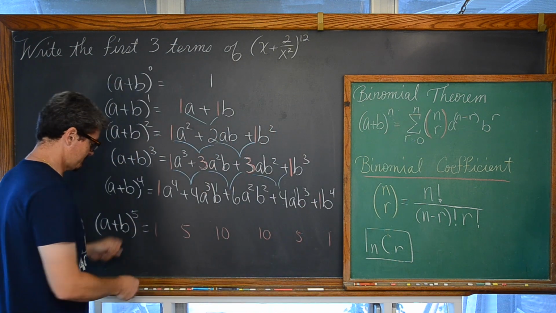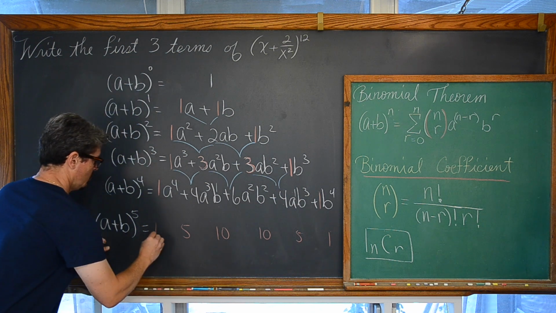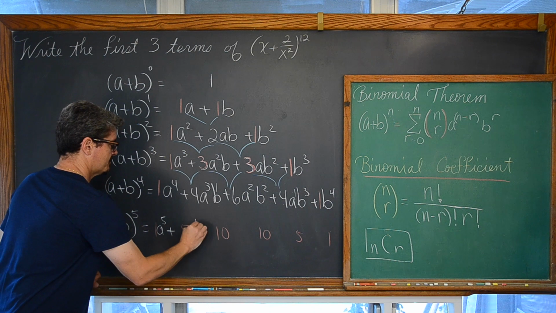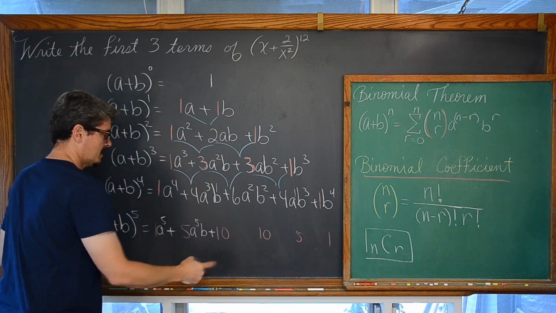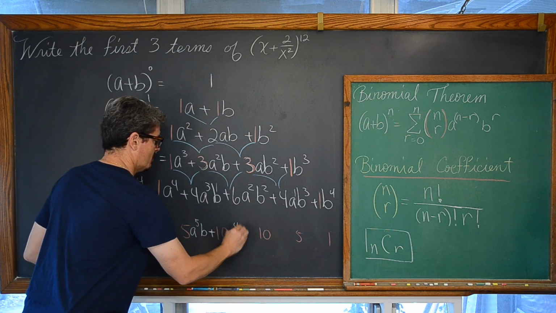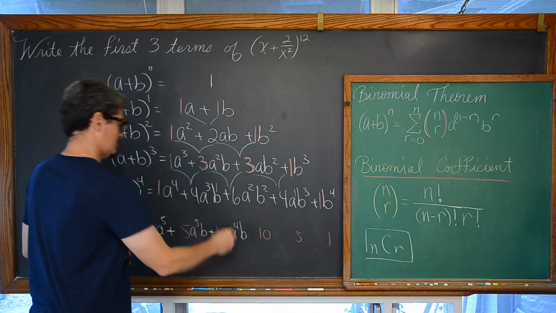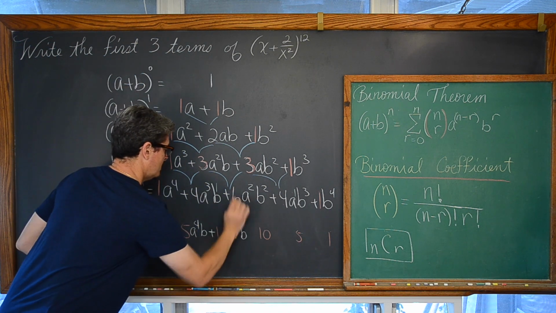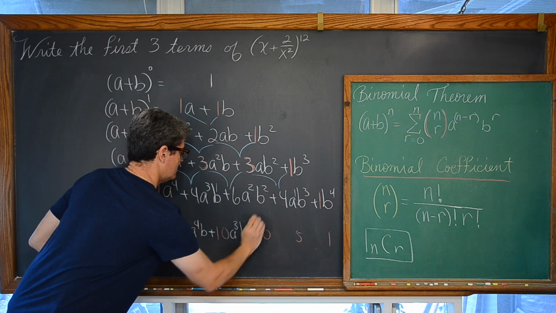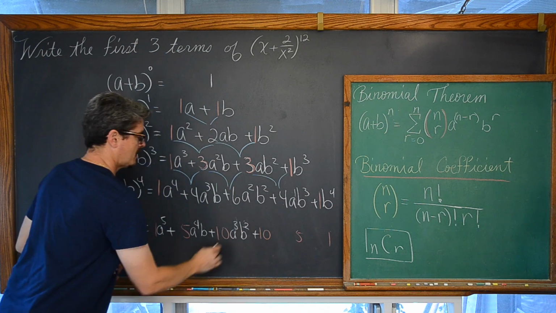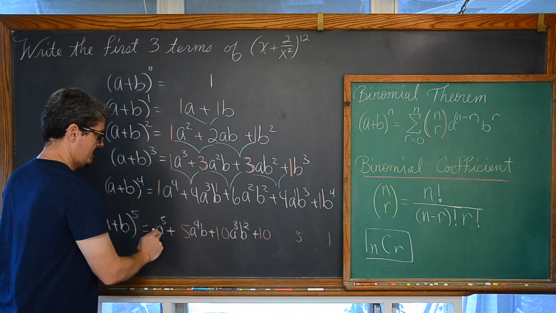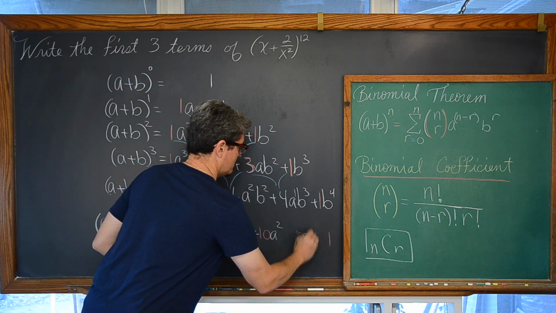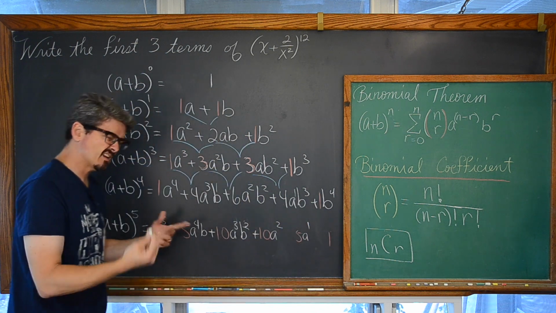So a plus b to the 5th is 1 a to the 5th, plus 5 a to the 4th b, plus 10, a to the 3rd b squared. Nope, messed that up a little bit. So a goes a to the 5th, a to the 4th, 3, 2, 1, and no a, or a to the 0.